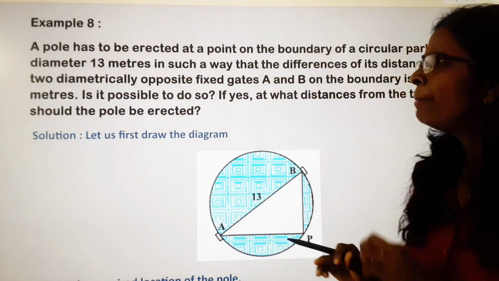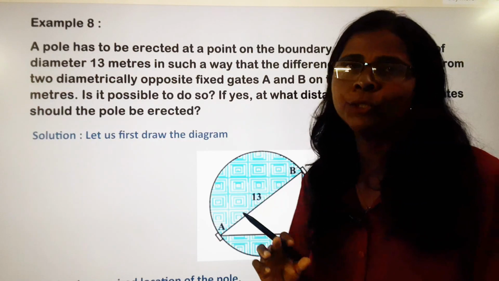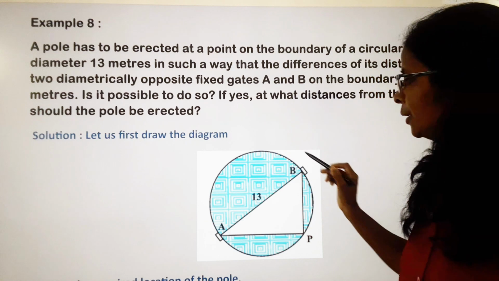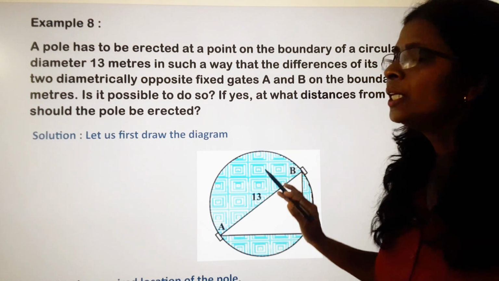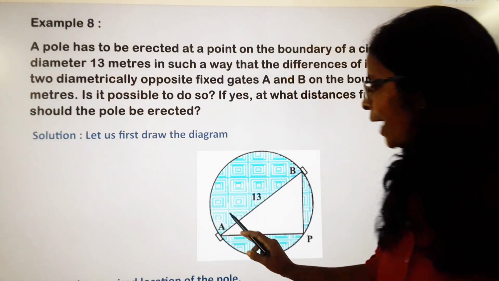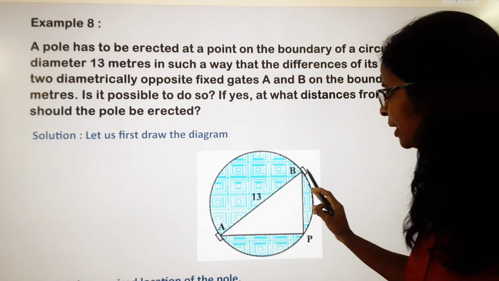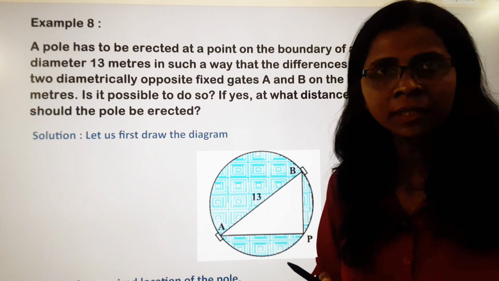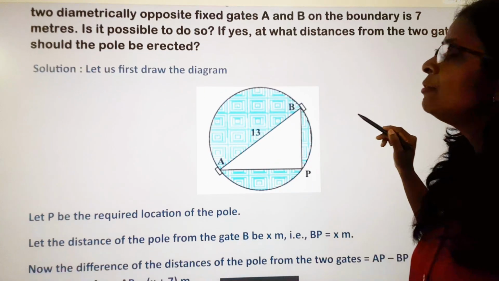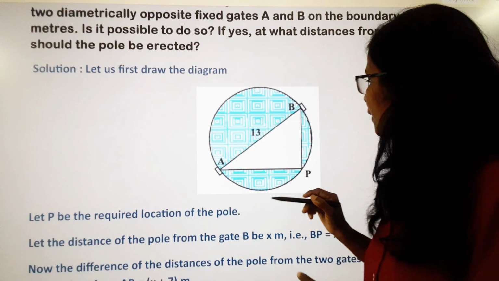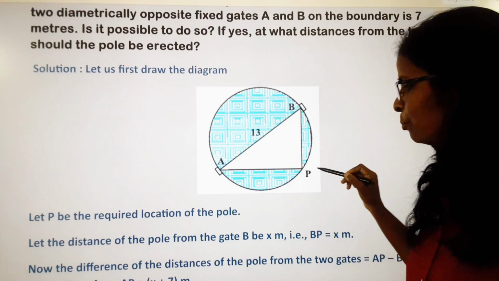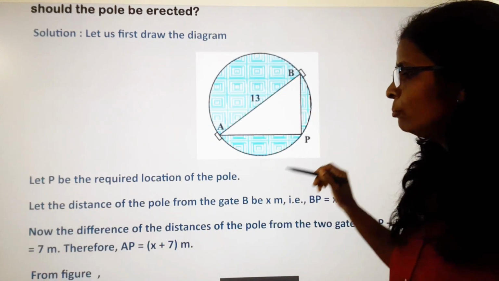Okay, so by collecting this information from the example, we can draw the circle. So here is the circle and we draw the diameter, which is 13 meters. Consider the diameter AB, which is equal to 13 meters. Now by the given condition, we can take the point P, the pole.